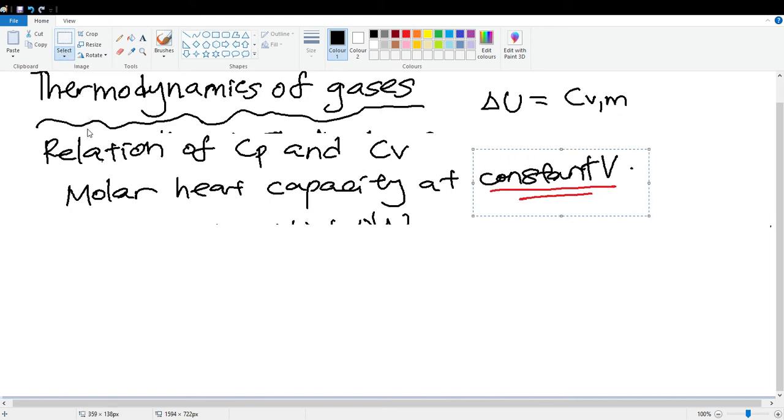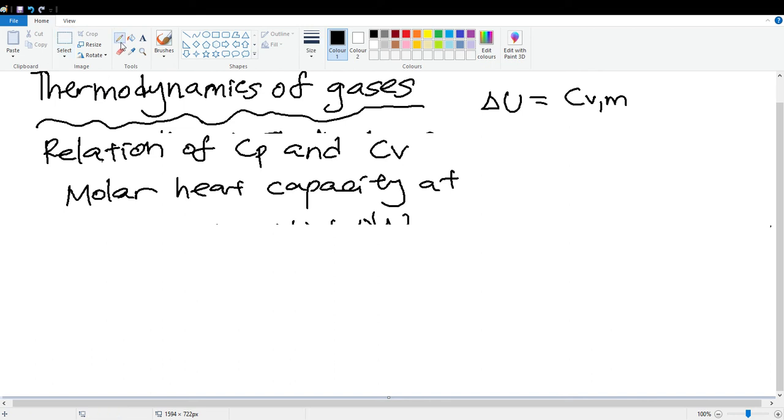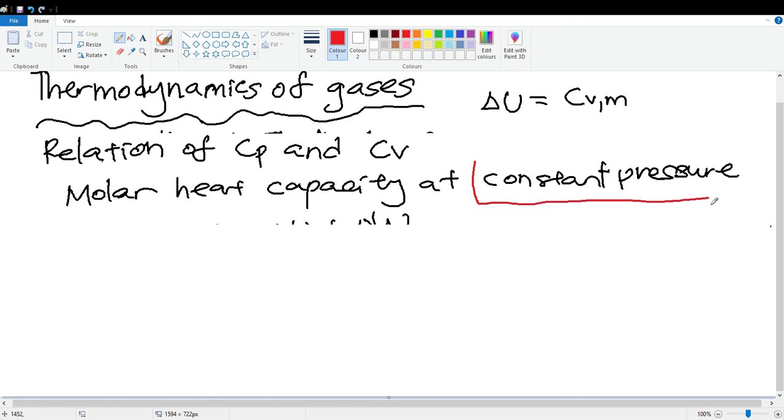Let me erase this. Okay, let's move on to the molar heat capacity at constant pressure. We have to note that this is the condition of constant pressure.